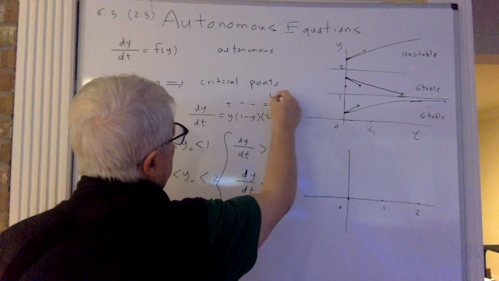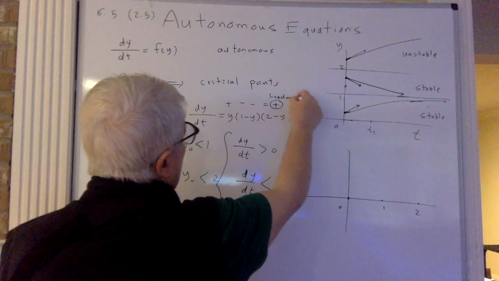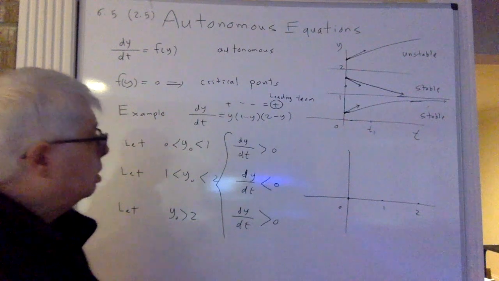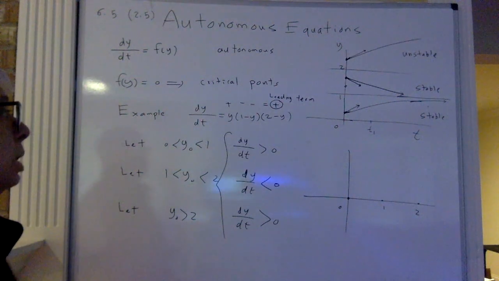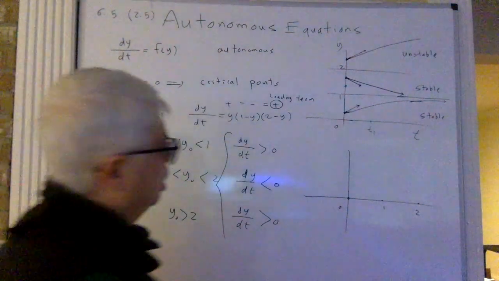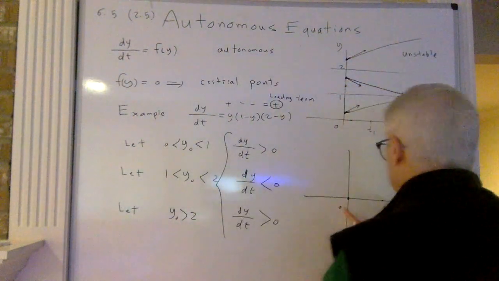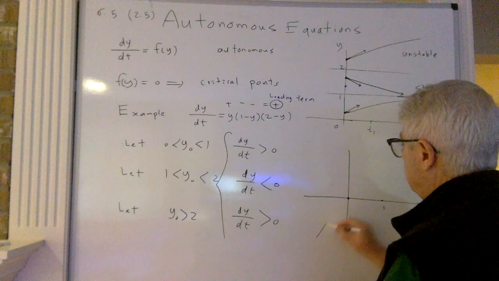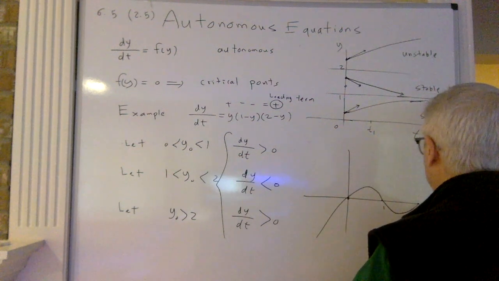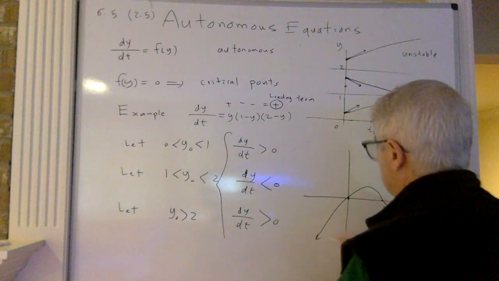So that's the leading term. I don't care what it is, I just need the sign. If that is degree 3, and the leading term has a positive sign, then it starts somewhere here, goes up, comes down, and up. Okay?